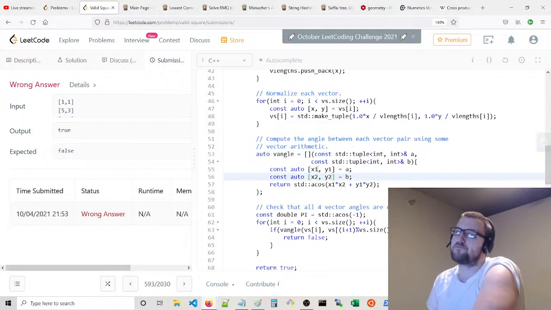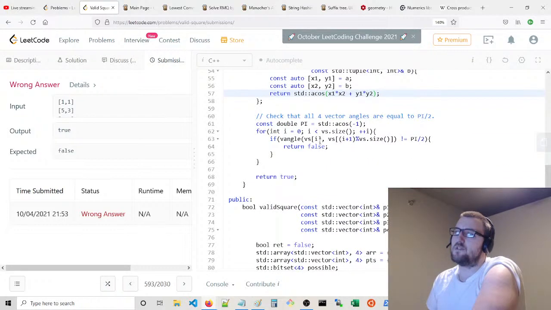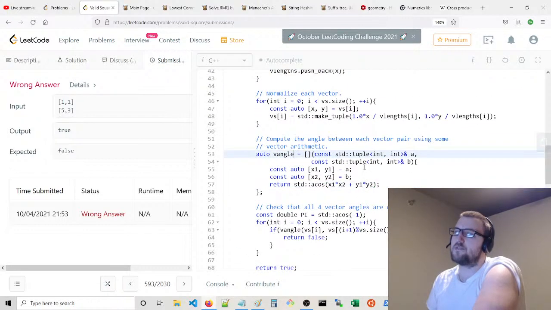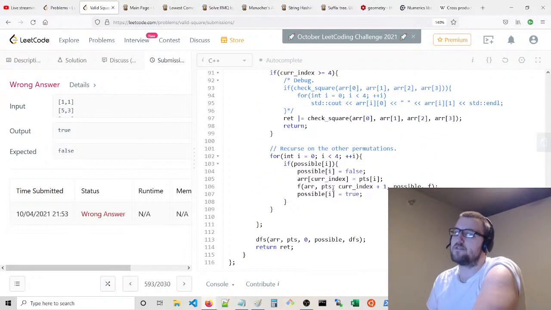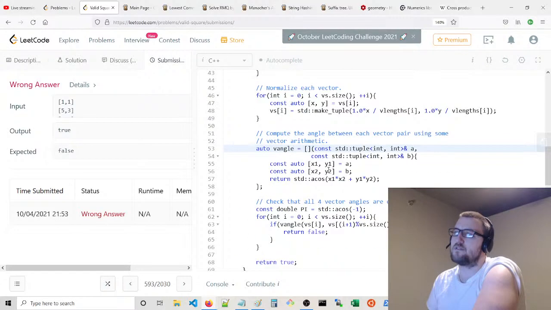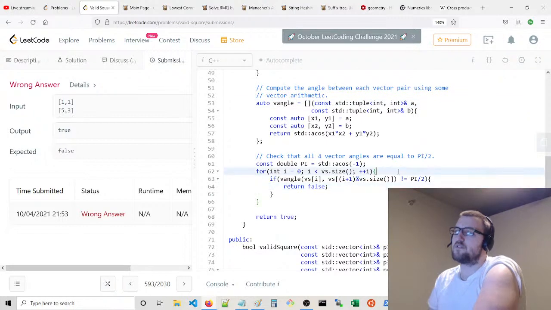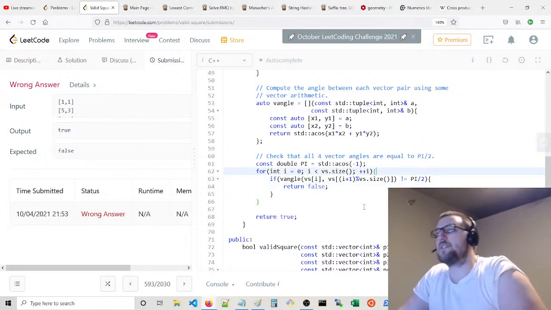Yeah, that's fine. And the dot product is the two x's multiplied plus the two y's multiplied, right? Am I crazy here? And yeah, take the arc cosine, and that should be a double. And what angle do we get for this V angle?